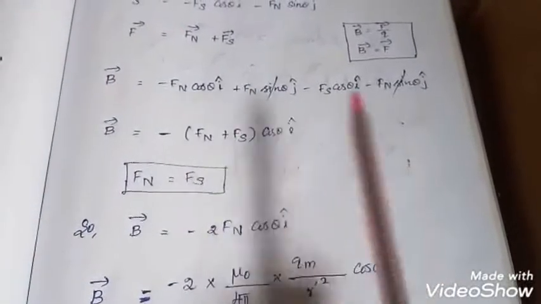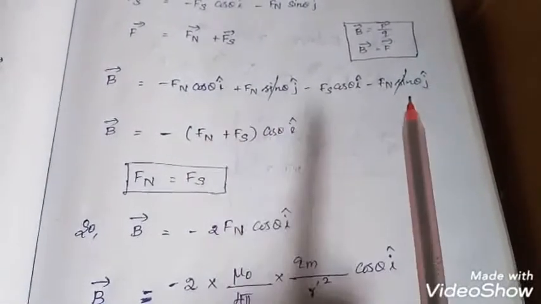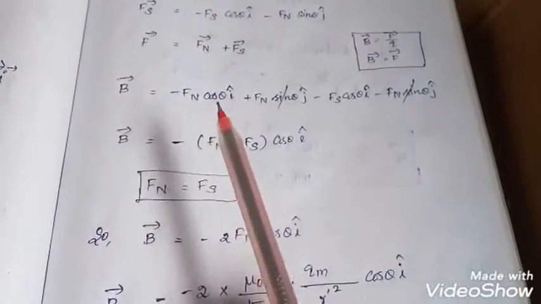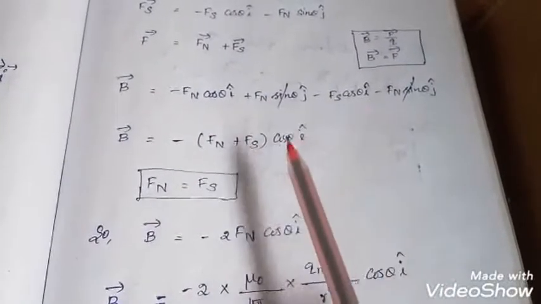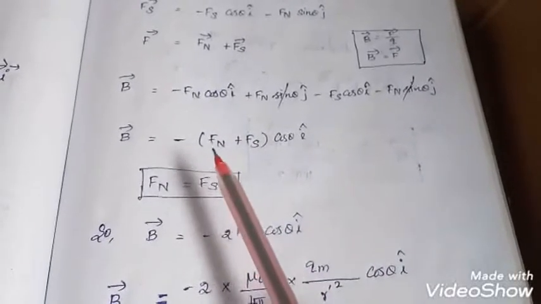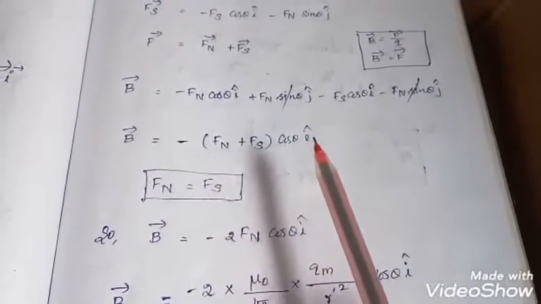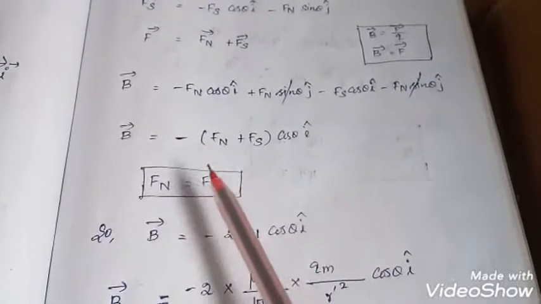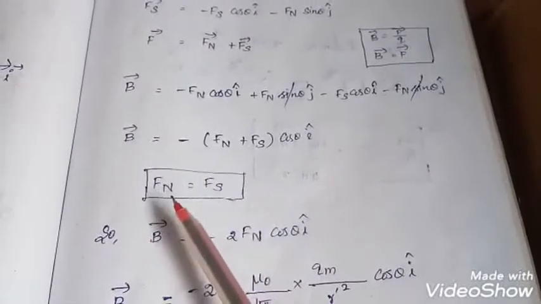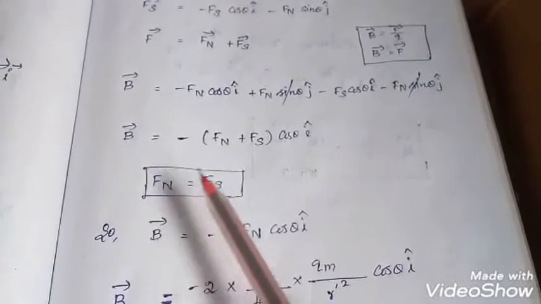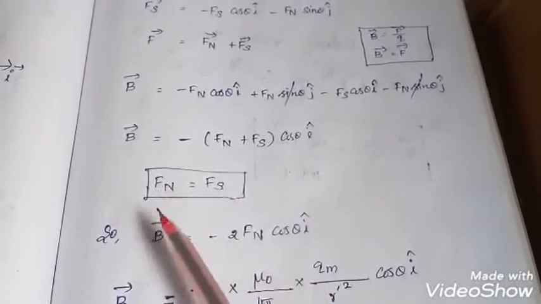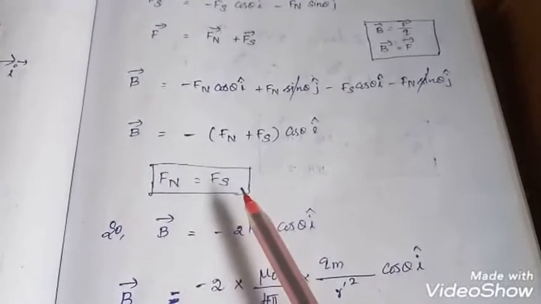These are equal and opposite, so we cancel out the terms, and from the remaining terms we take out the common term cos theta i cap. So minus (Fn plus Fs) into cos theta i. Already we know that the North Pole and South Pole are at equal distance, so the two forces are the same, Fn equals Fs.